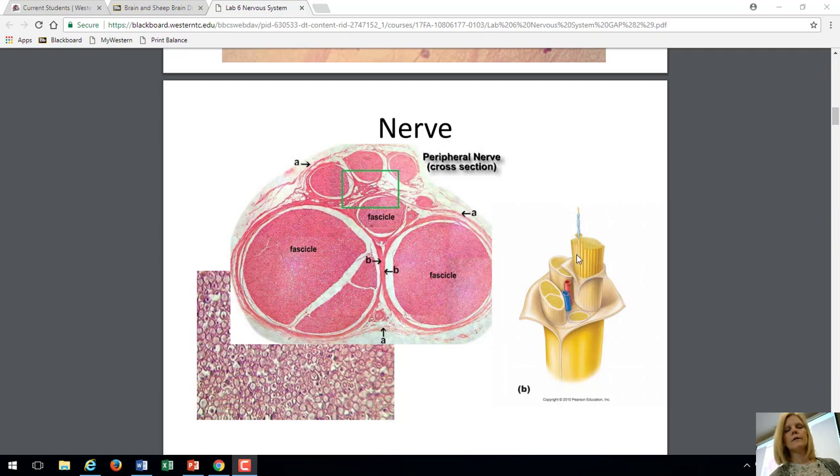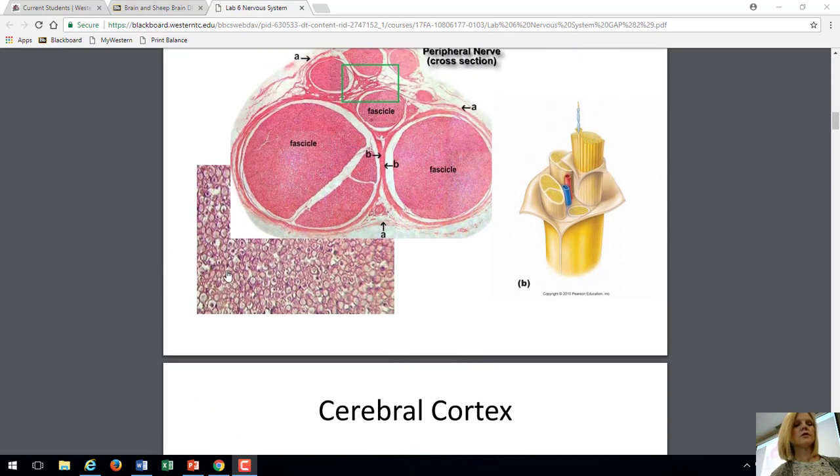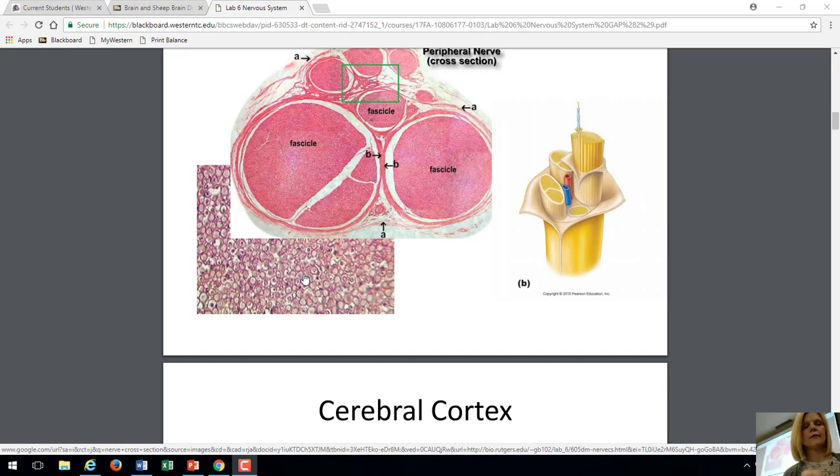And then we have these bundles of myelinated axons. See the light blue covering over that surface? That's the myelin covering that axon. So bundles of axons is what makes up a nerve. So you have to know what that looks like in a tissue slide. So here's a tissue slide showing a nerve. And I can tell this is a nerve because I see all these small rounded structures, which are tiny little axons.